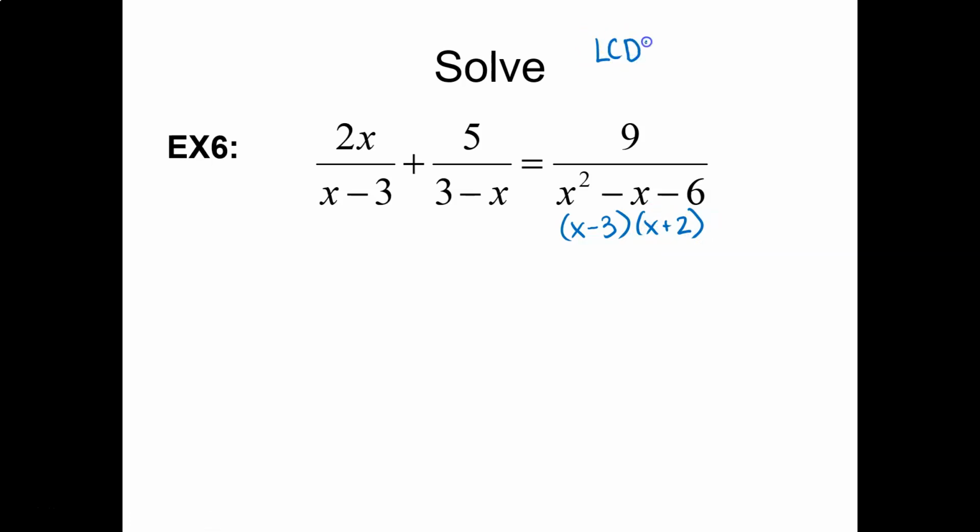And then I need to think about what my least common denominator needs to be. Yeah, so my issue here is I got this 3 minus x. It is possible that I could just list out 3 things, x minus 3, x plus 2, and 3 minus x. But 3 minus x almost matches x minus 3, right?